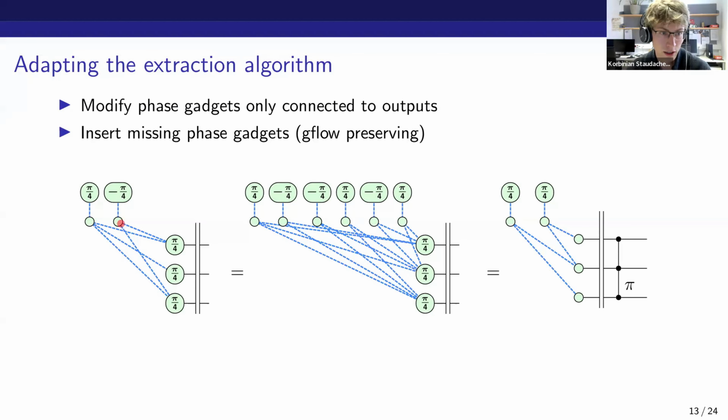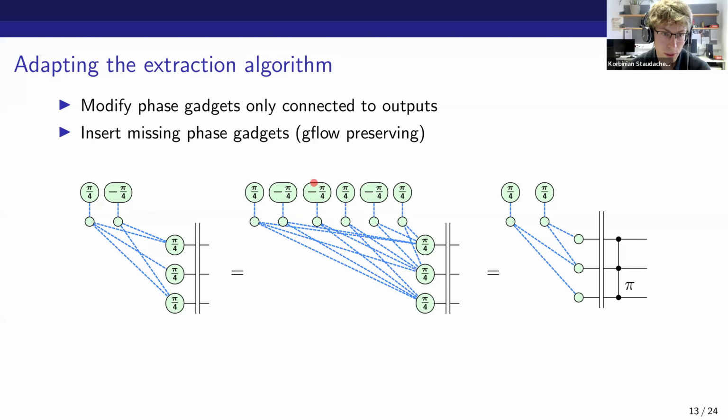So there are still 2 phase gadgets with -π/4 missing, one connected to 1 and 2, and one connected to 2 and 3. And what we can then do is we can basically insert those phase gadgets as identities.